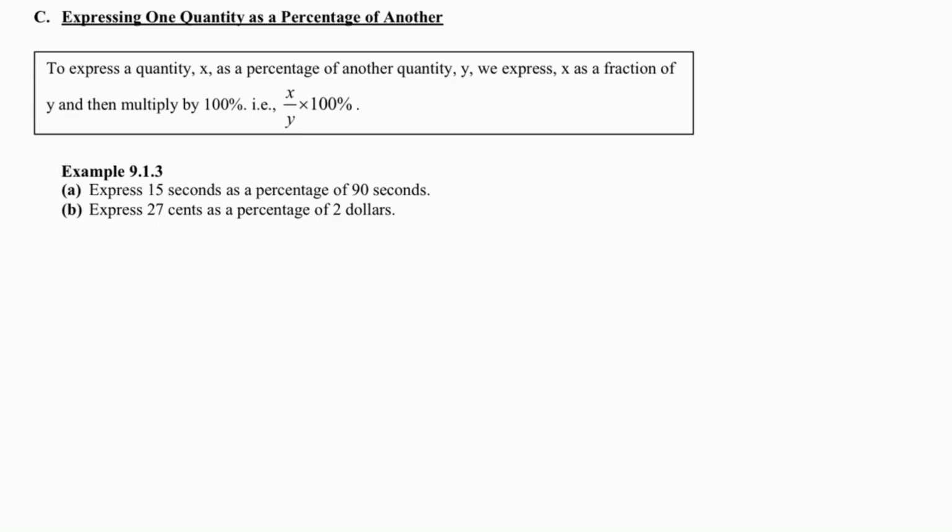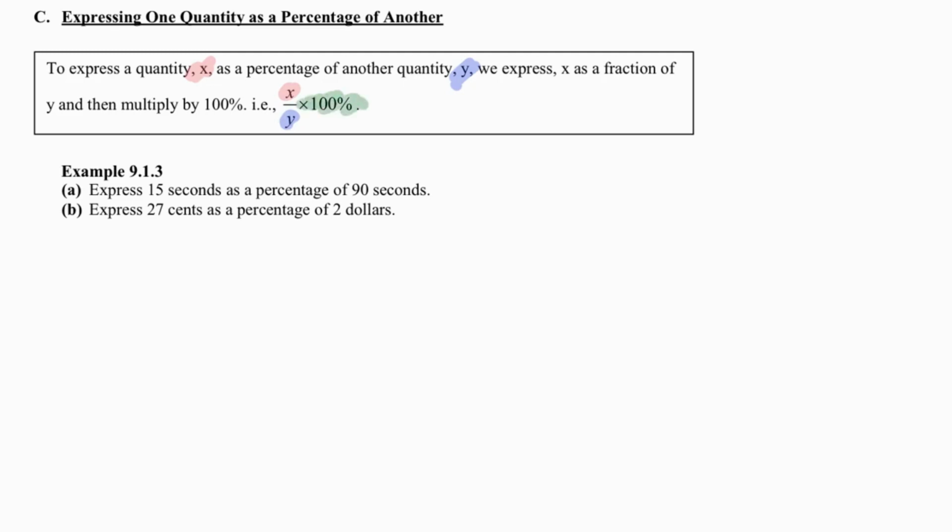Hello everyone, welcome to this part of the example where we are going to express one quantity as a percentage of another. Let's say I want to express a quantity X as a percentage of quantity Y. Then all I have to do is to simply have X as a fraction of Y, X over Y, and multiply by 100%.